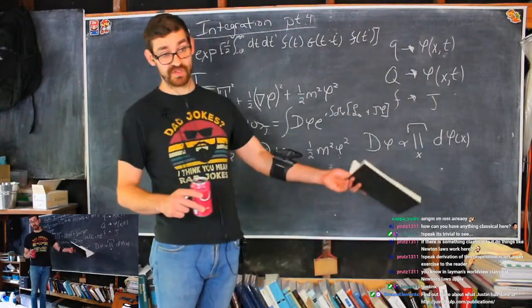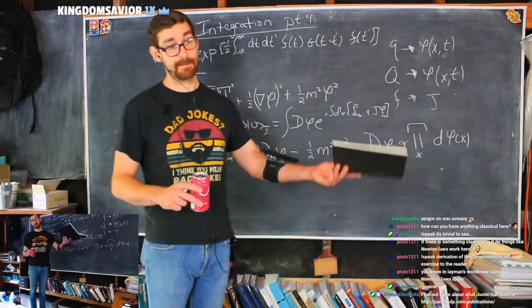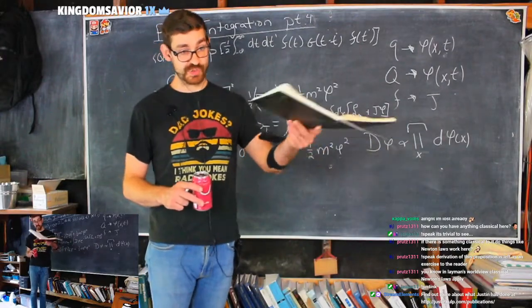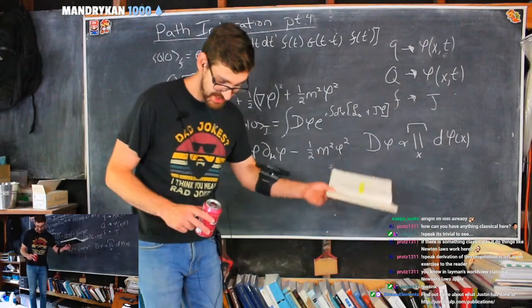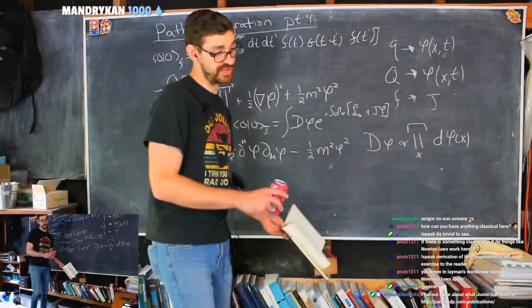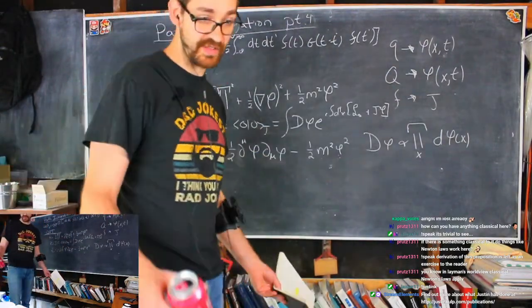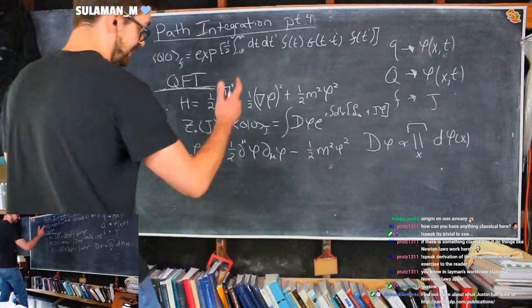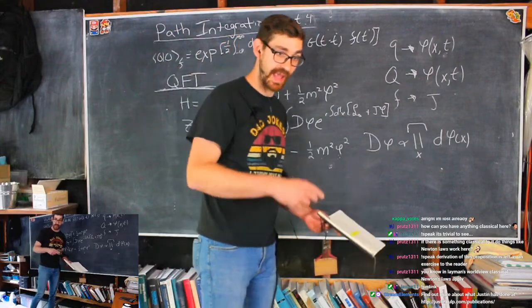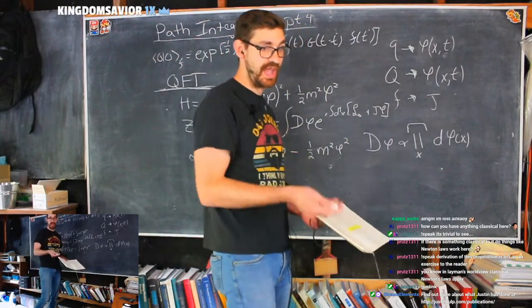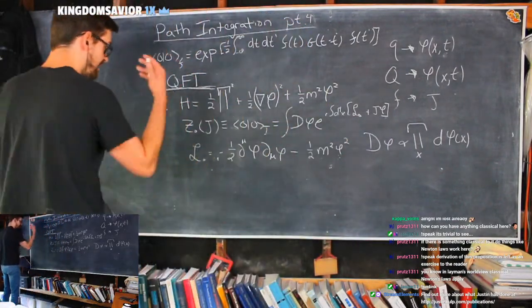Well, there are all sorts of possible ways to get from one configuration to another. How can you get from positron electron to positron electron? You're going to have loop diagrams and tree diagrams and all these other different diagrams, but each of them has a probability amplitude, and that's what we're integrating over.